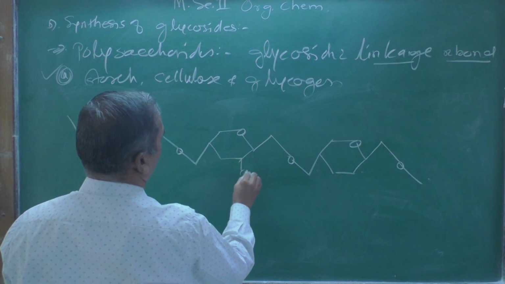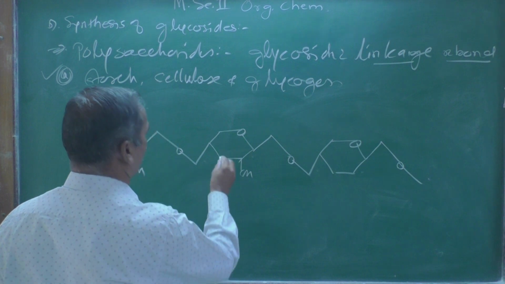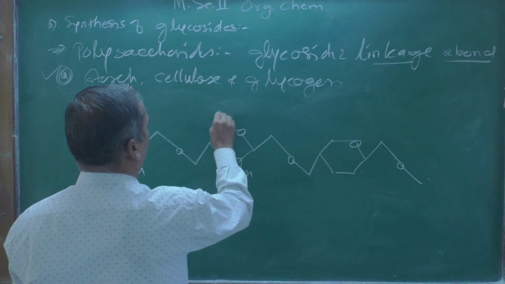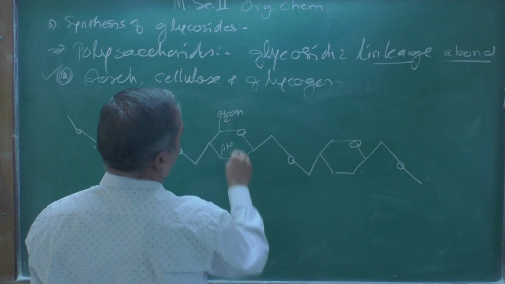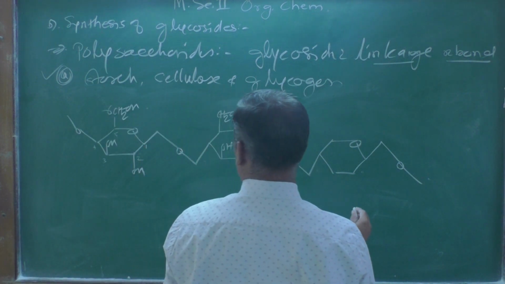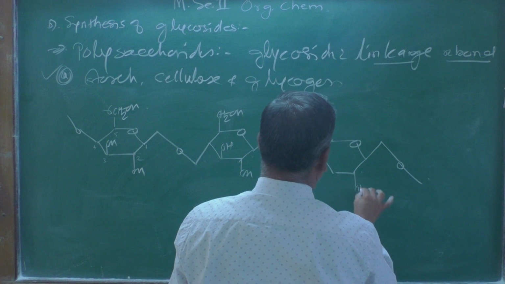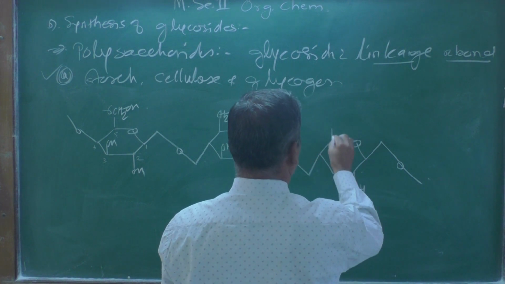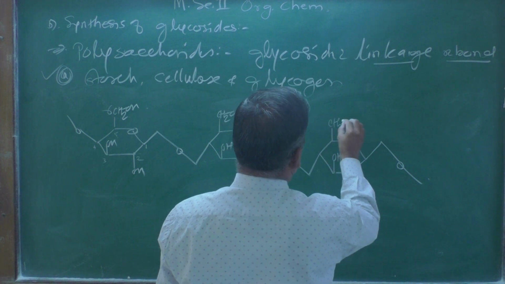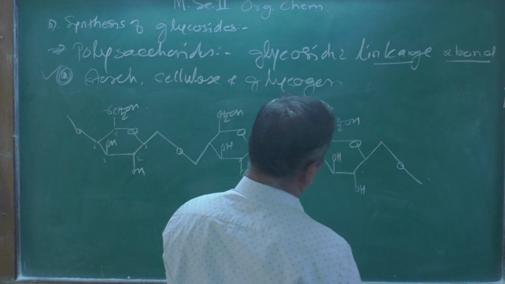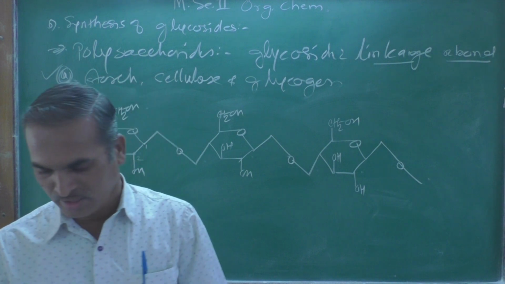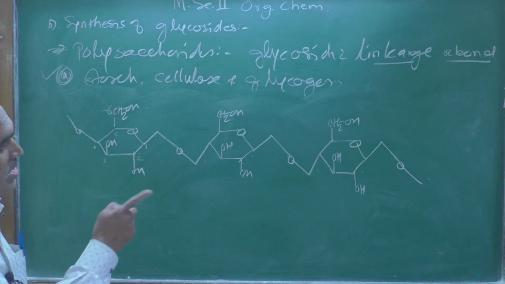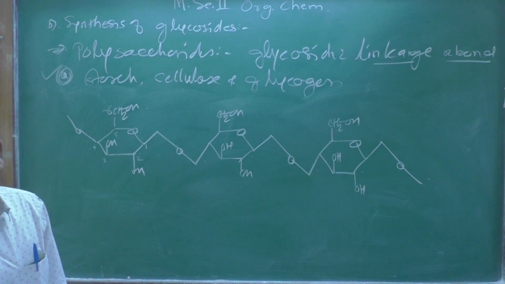Same thing here, a hydroxy group below the plane, this hydroxy group I am putting above the plane, and here CH2OH. In the same way you can write a hydroxy group below the plane, and one of the hydroxy groups should be above the plane, then CH2OH like this. So this is the structure, and what type of glycosidic linkage is found in cellulose?